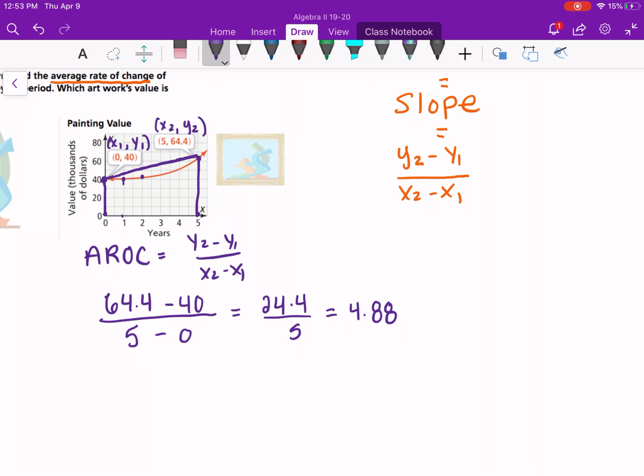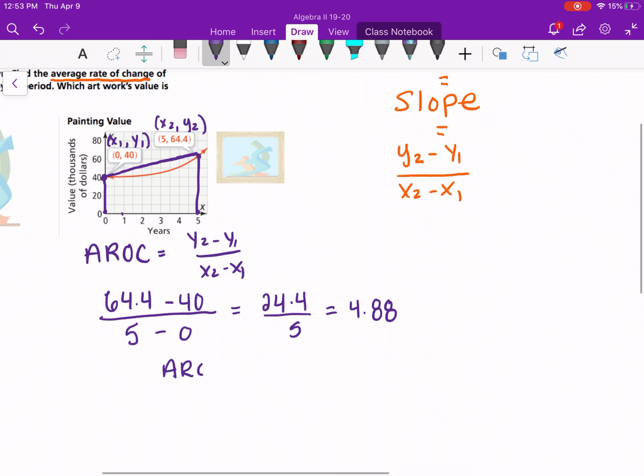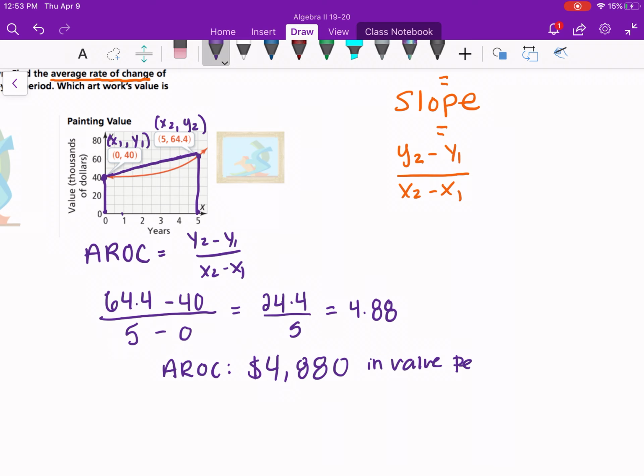Year 2, it's only about 40 something. So the average is an estimation, but at the end of 5 years, it approximately increased about $4,000 a year, okay? So that means that its average rate of change is about $4,880 in value per year.